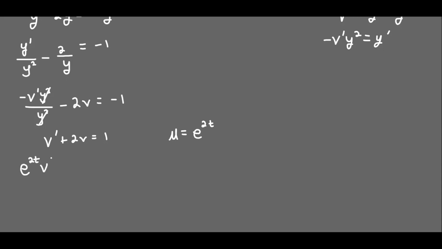So e to the 2t v prime plus 2 e to the 2t v equals e to the 2t. And you just verify that you have the product rule for derivative form here. So this is the derivative of e to the 2t v, so we're good there. So we're going to reverse the product rule. So we get e to the 2t v prime equals e to the 2t.